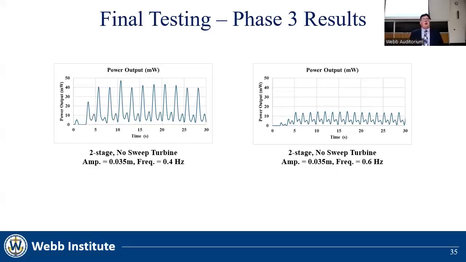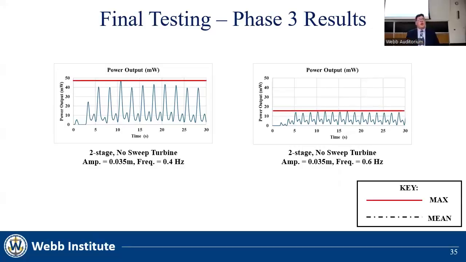A graph for a frequency of 0.8 Hz is not shown because this condition did not produce any power output at all. The solid red line on each graph again indicates the maximum power output, while the dash-dot blue line indicates the mean power output. From these results, we can see that wave frequency plays a major role in the system's performance, with lower frequencies corresponding with better performance. This makes sense, since changes in wave frequency can push the system in and out of resonance, and the 0.4 Hz wave crests and troughs were visibly the closest to the length of the chamber.